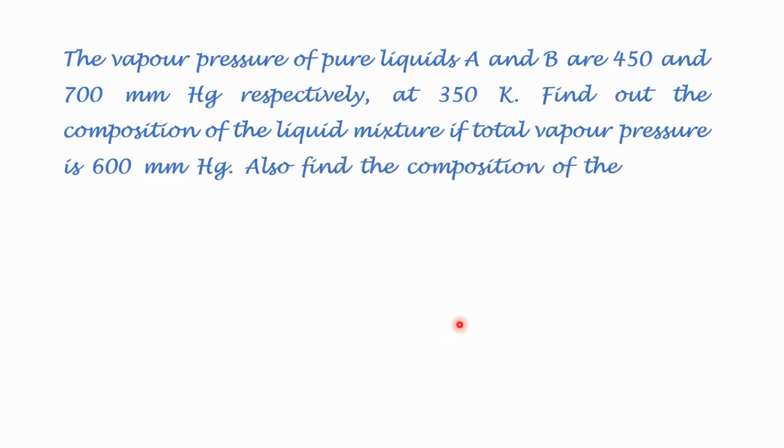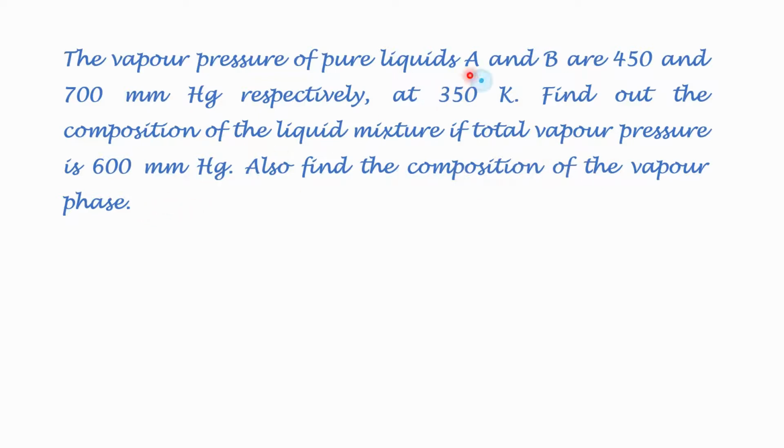Third one, the vapor pressure of two liquids A and B are 450 and 700 millimeters of mercury respectively at 350 Kelvin. Find out the composition of the liquid mixture if the total vapor pressure is 600 millimeters of mercury. Also, find out the composition of the vapor phase.